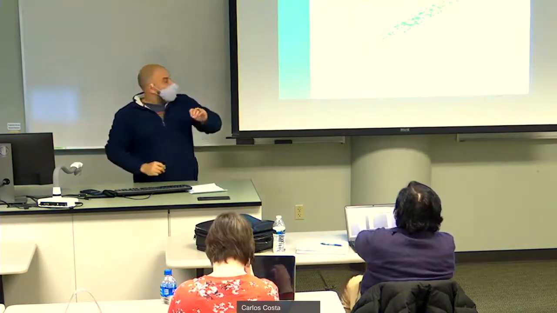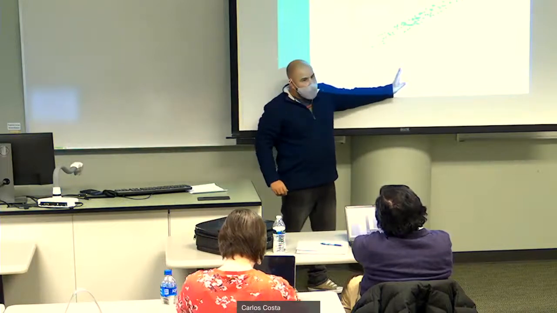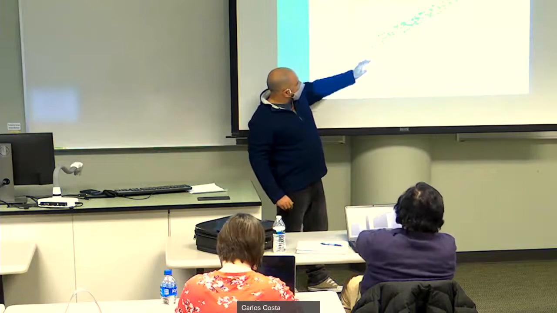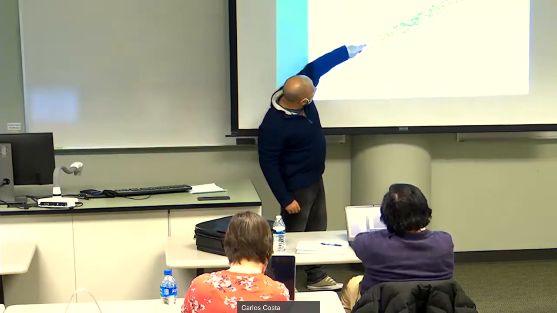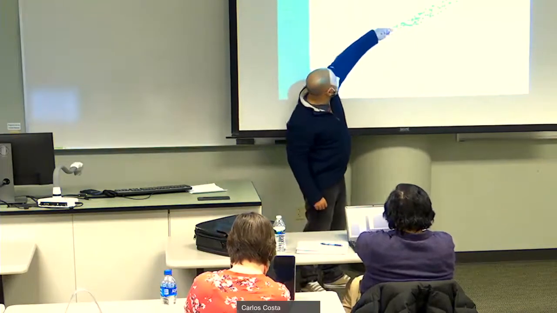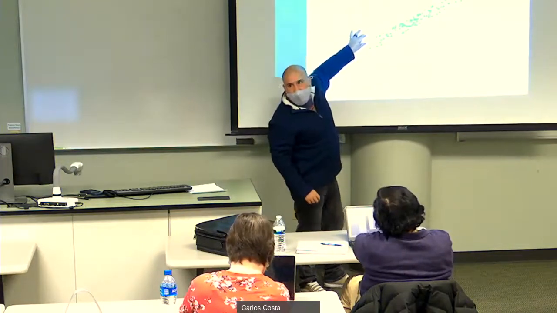If we move from 30 to 40, we see the value of the dependent variable going from somewhere around 10 to somewhere around 50. So there's a change of 5. Do you see that?